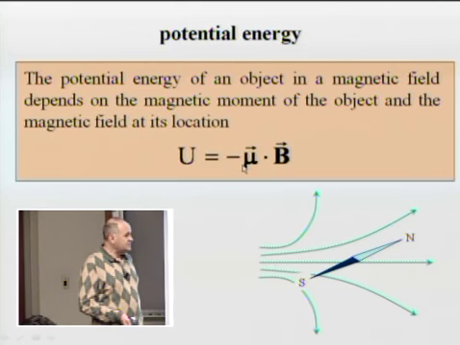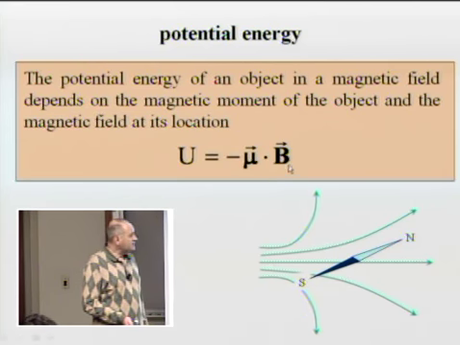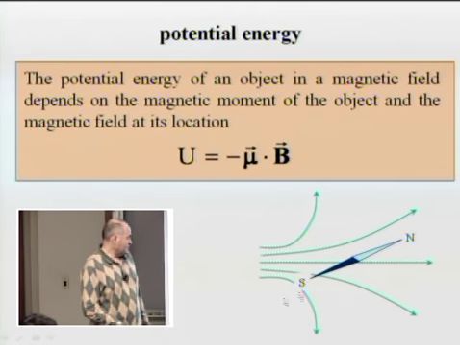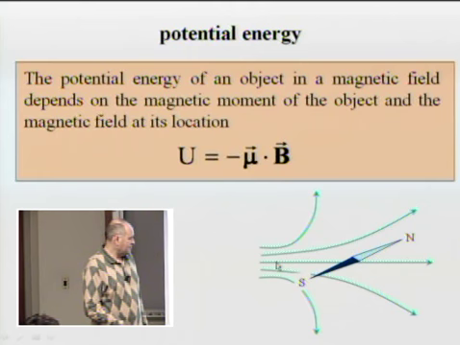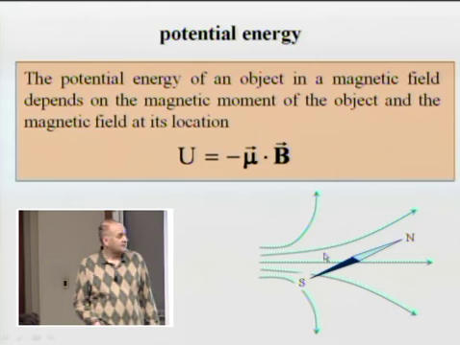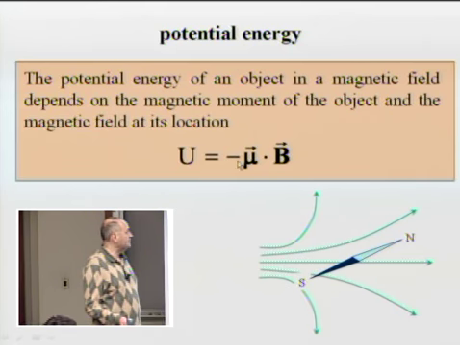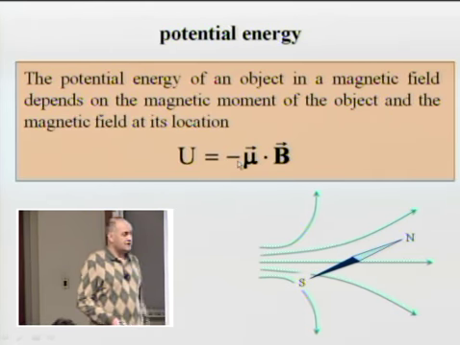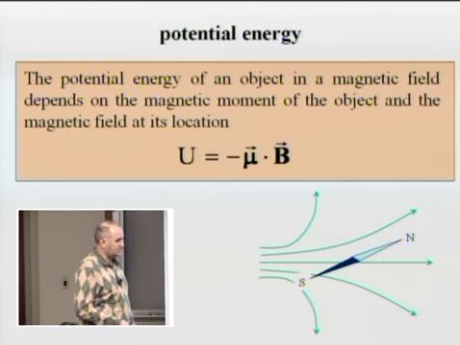The only thing that changes is the magnetic field strength. Over here, for example, at this point the magnetic field is stronger than at that point because the lines are closer. So this is not a uniform magnetic field. If the magnetic field is uniform, then it doesn't matter where, only orientation affects potential energy.